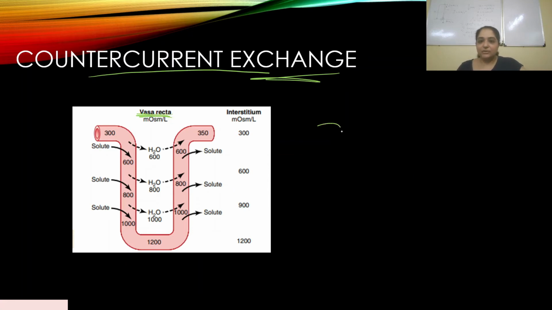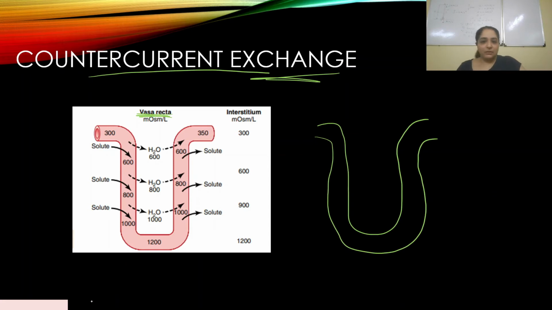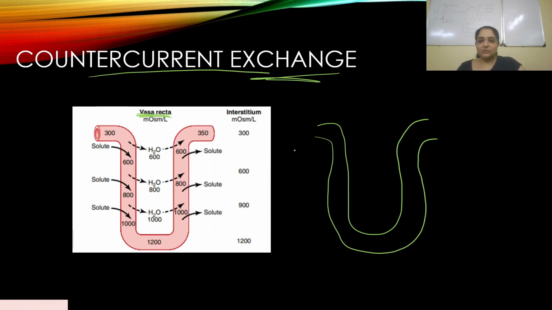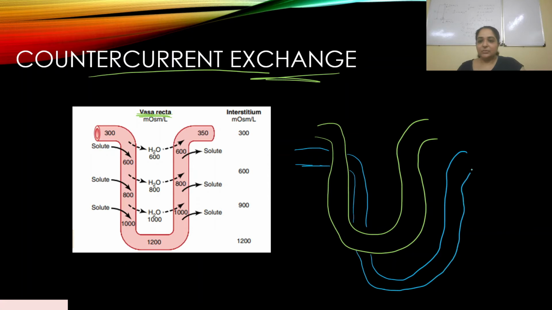Okay, so you have the loop of Henle, and then you have the vasa recta. This is also a U-shaped structure. Anatomically this U-shaped structure is very important in maintaining the hyperosmotic region.